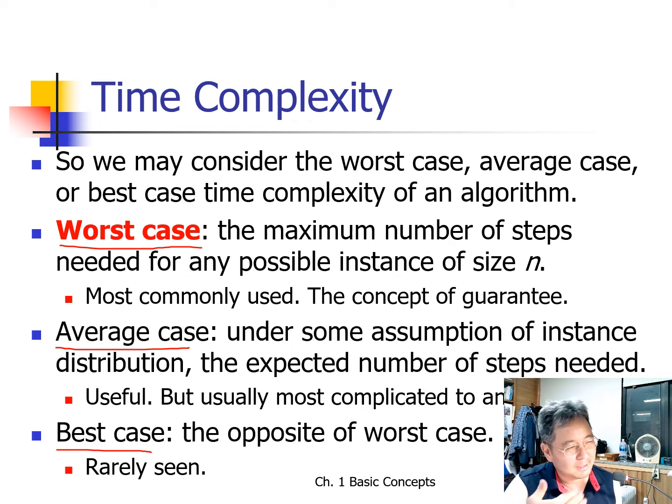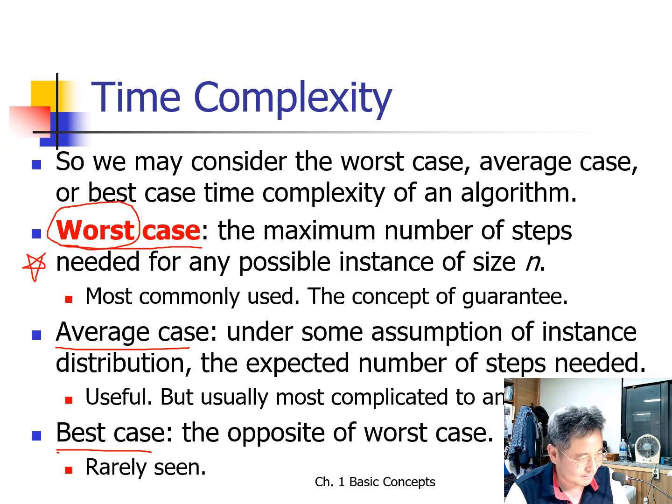But in time complexity analysis, I think the worst case is most important. So in program development, we must consider the worst case. In the worst case, how much time will be taken? That is important.